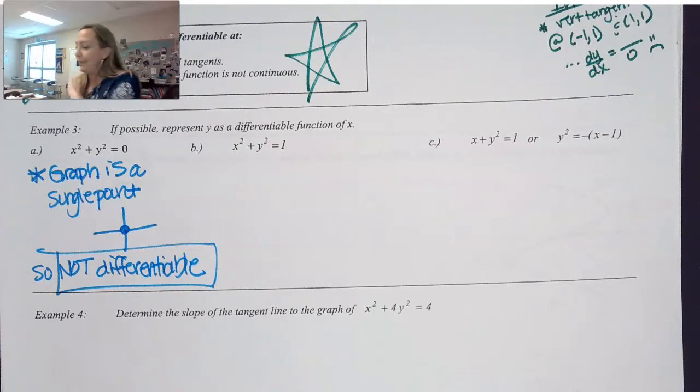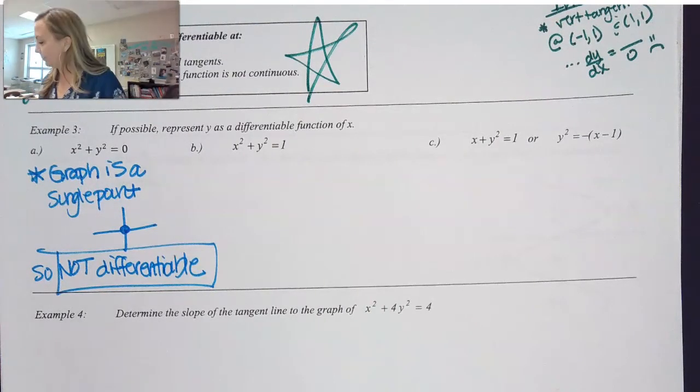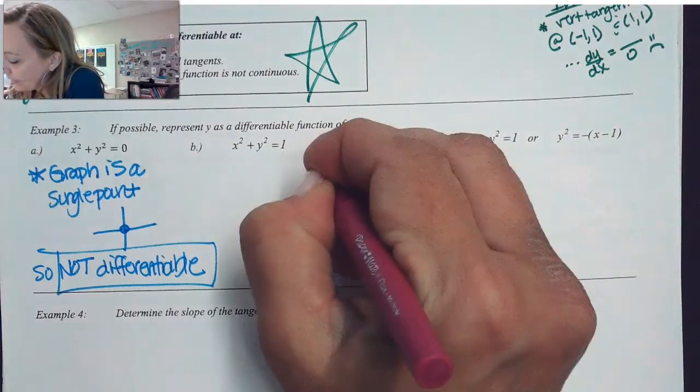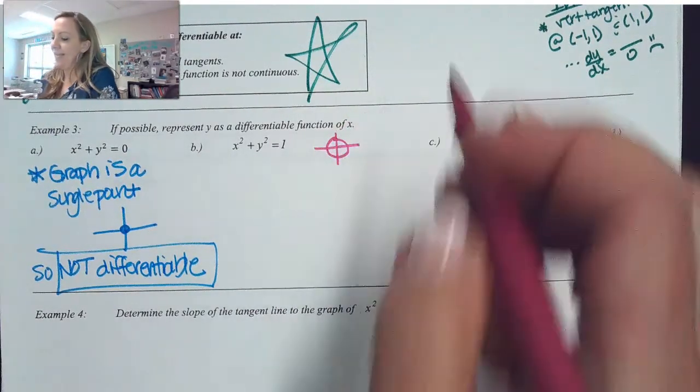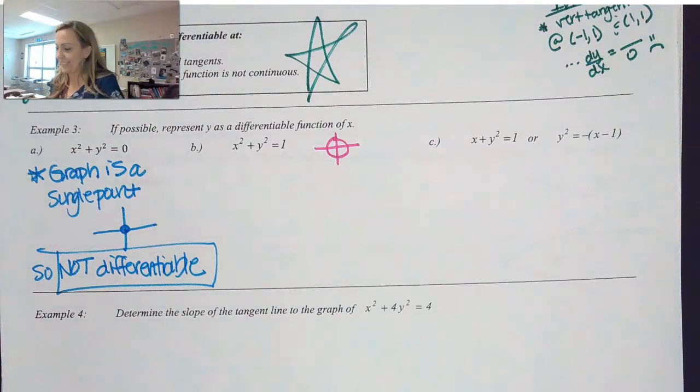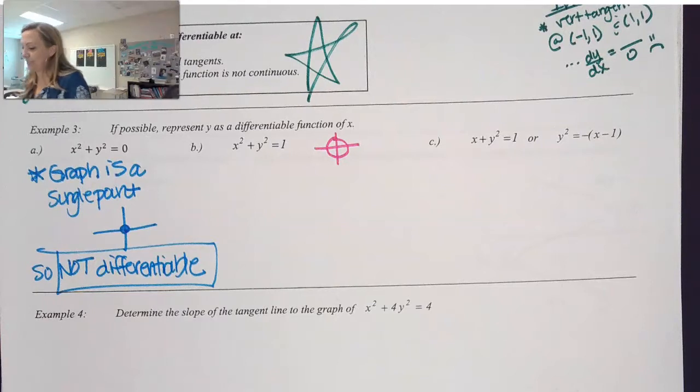Let's think about letter B though. Letter B, we have x squared plus y squared equals 1. And so we know that this is going to be a circle with a radius of 1. I'm going to try to draw a circle, okay? And so that means that any vertical tangents are going to be an issue there, right?